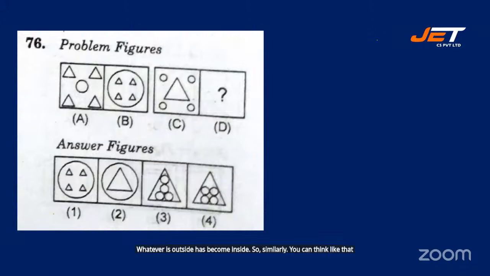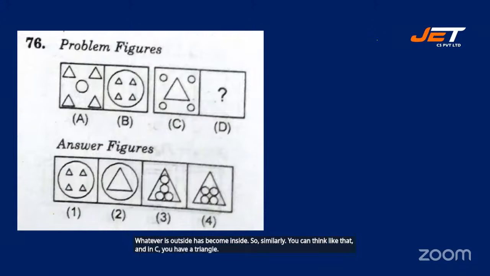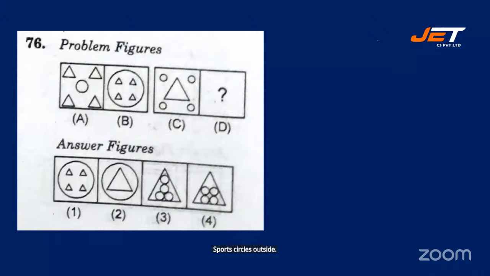And in C, you have a triangle, 4 circles outside. So now what happens? The circle should be outside, right? And the triangle must be inside. I have given you the clue. Based on this, you can definitely find out your answer. 1 full minute is given to you. Quickly think over it and give me the answer.